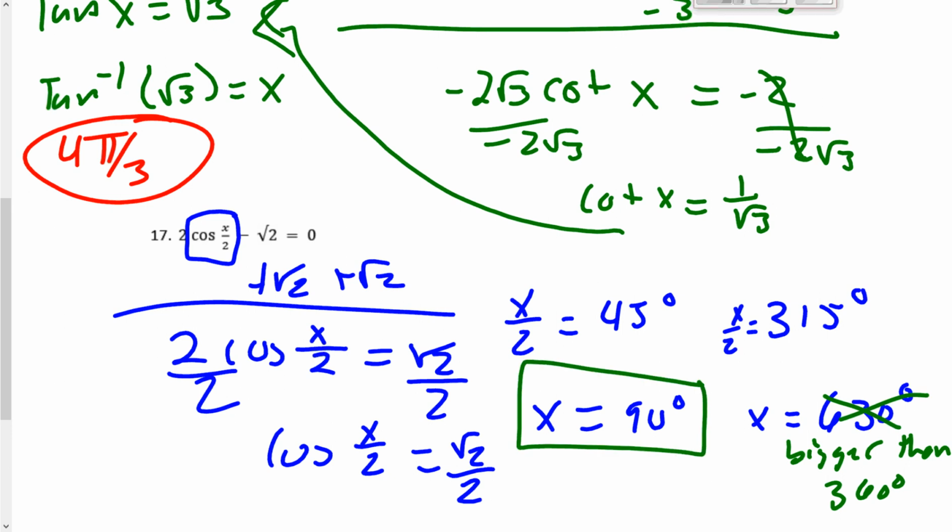Okay, number 18, dealing with double angles here. So here we can use our double angle formula. And we want to use the one with sine in it because over to the right we have sine, so we want to use the double angle of cosine that has the sine formula in it.